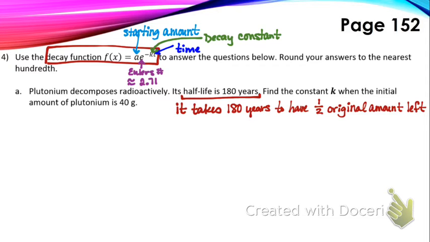And they want me to find k, that decay constant. And it tells me my initial amount is how much? 40. Where does that go in this formula?